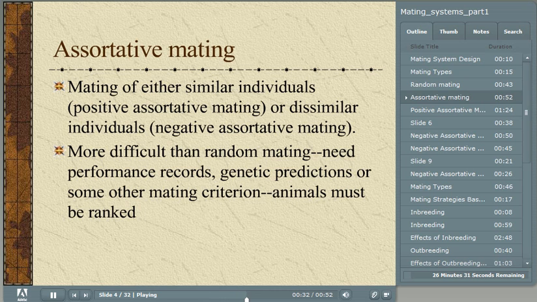The issue with assortative mating is that it's more difficult than random, so we need some idea of performance, genetic predictions, or some other criterion where animals are ranked. Now, you can use both types simultaneously in a herd depending upon what your selection goals are.